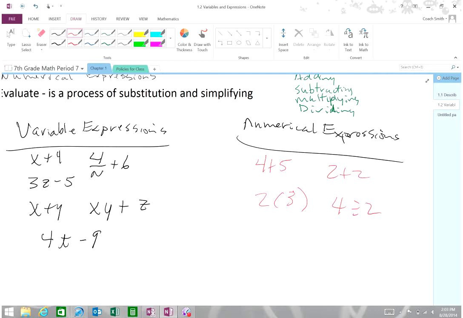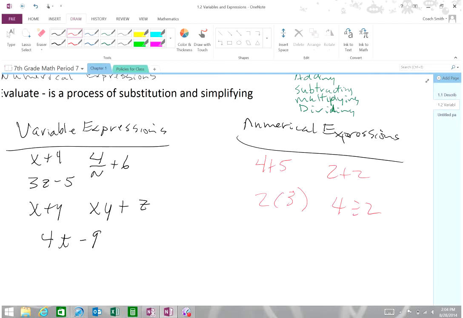Okay, variable expressions, for us to do anything with them, they have to give me values associated with the variables. If they just tell me x plus 4 and they ask me what's the answer to that, I don't know. It's just x plus 4. Until they tell me what x is, I can't tell them what x plus 4 is.